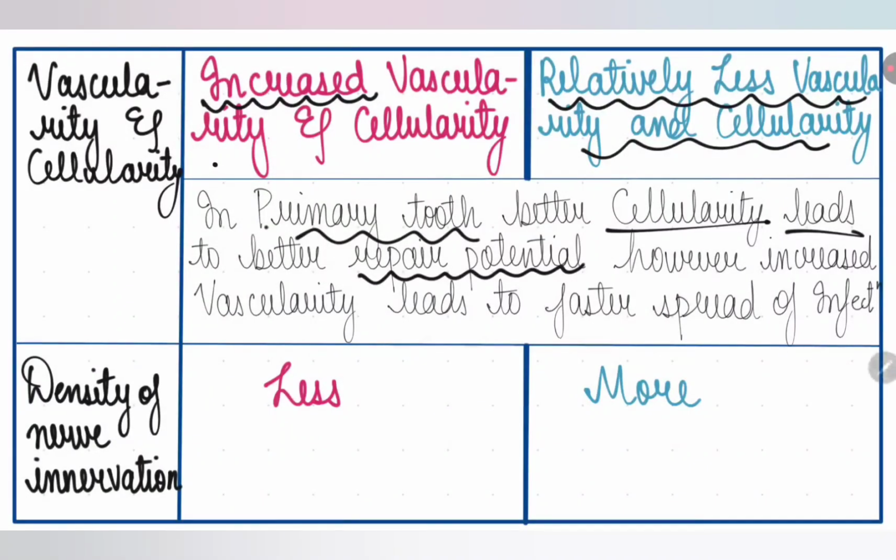However, the increased vascularity leads to faster spread of infection. We all know blood is the way through which infection spreads. So there is a faster spread of infection compared to the permanent tooth. Talking about the density of nerve innervations, it's less in primary tooth and more in permanent tooth, right?